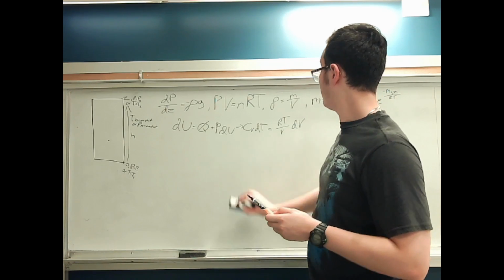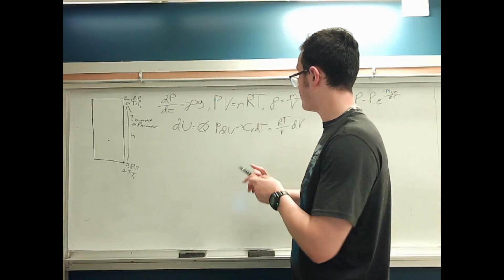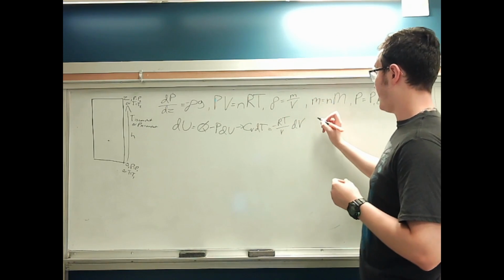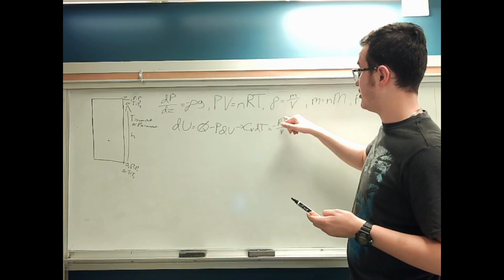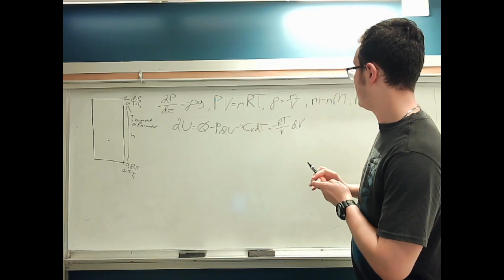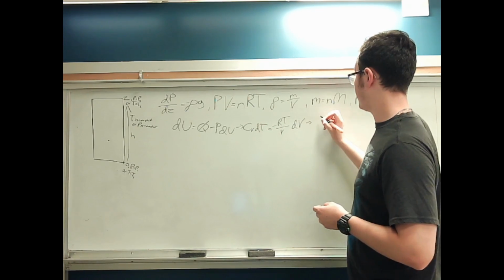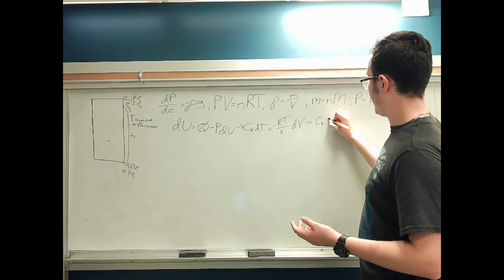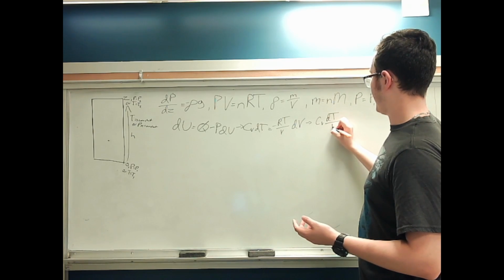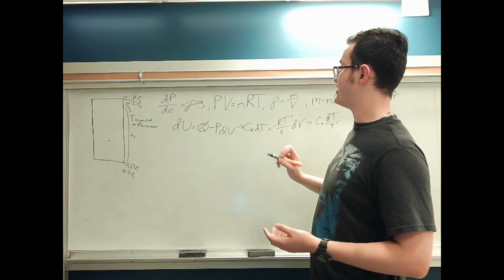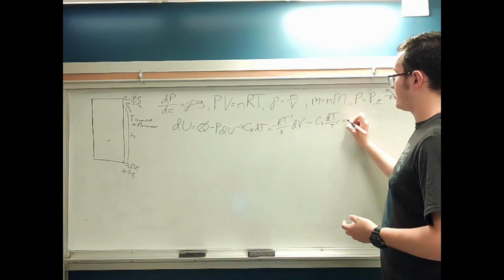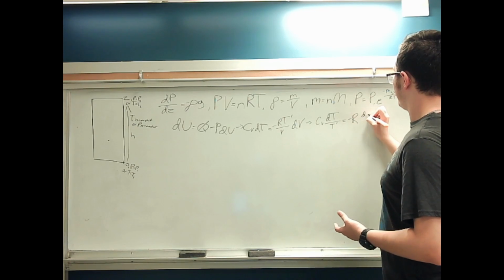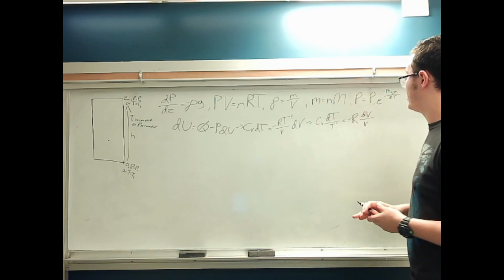Real quick, this should be negative. It's better. And this, if we do some changing, goes to Cv, multiplied by change in temperature, divided by temperature. Again, this temperature is a dummy variable, is equal to negative R, ideal gas constant, change in volume divided by volume.